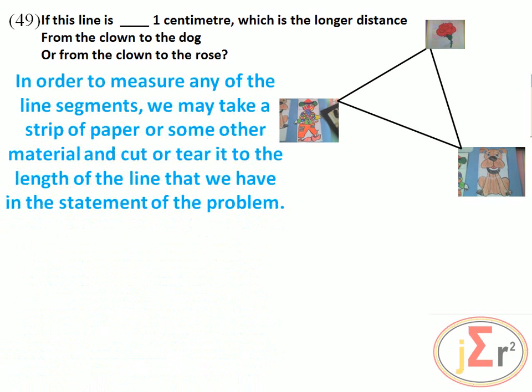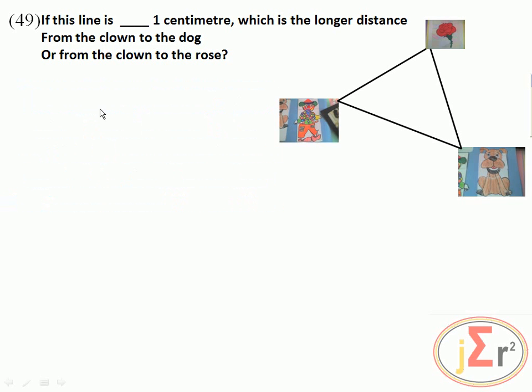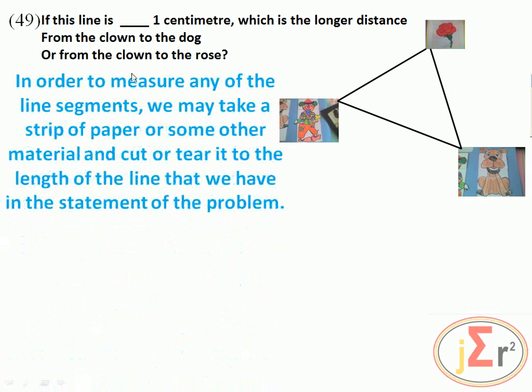In order to measure any of the line segments, we may take a strip of paper or some other material and cut or tear it to the length of the line that we have in the statement of the problem. So we may use some material to capture the length of that line so that we may use it as our measuring tool to measure the lines.